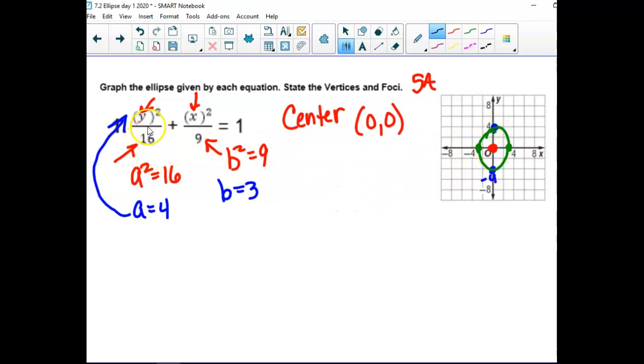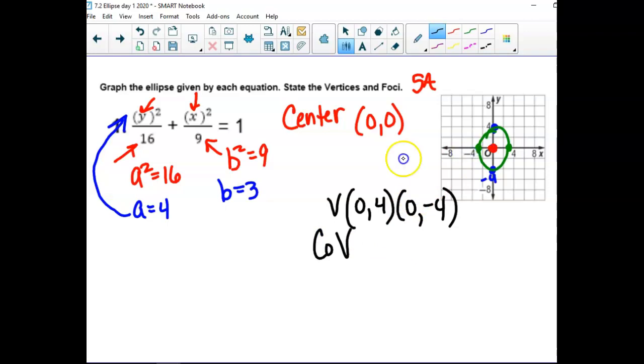We went up and down 4 from 0, 0. So the vertices were at 0, up 4, and 0, down 4, right? The co-vertices are at the other end. And how far did we go out there? 3 for B. So 3, 0, and negative 3, 0 in any order.